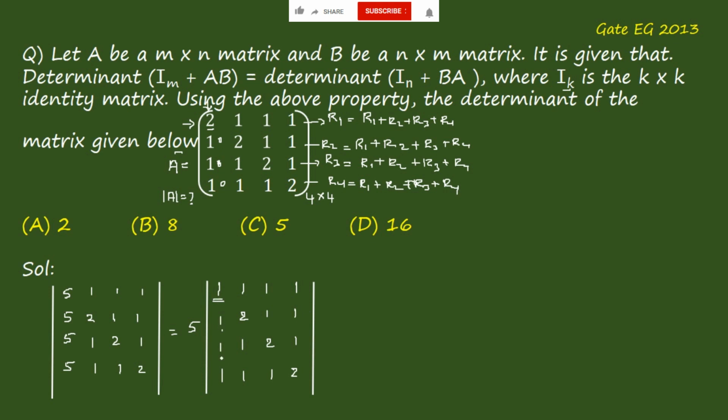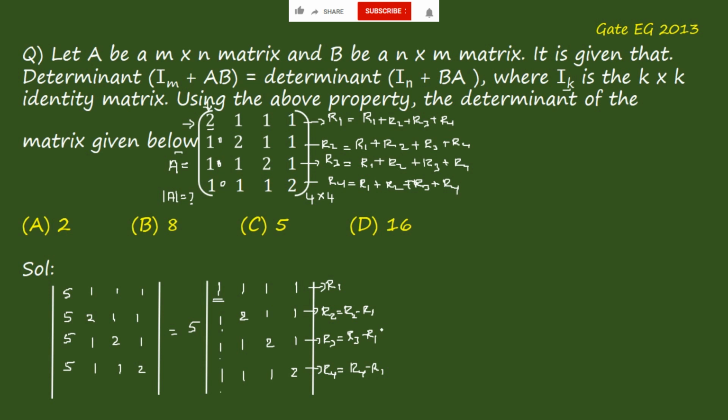So we have to make these elements 0. This is row 1, right? So we consider row 2 equal to row 2 minus row 1, row 3 equal to row 3 minus row 1, and row 4 equal to row 4 minus row 1.